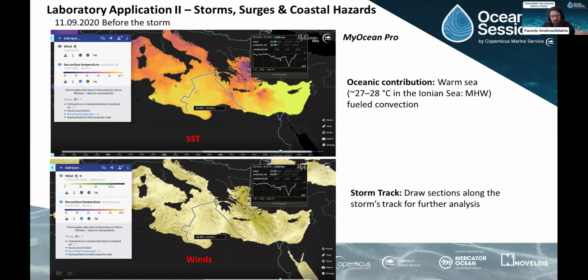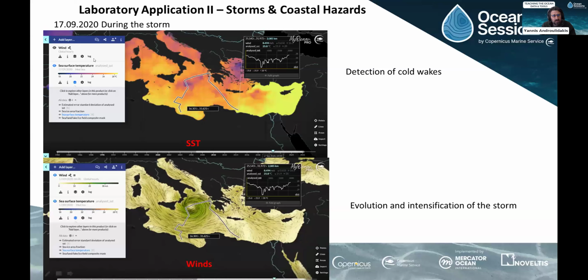And we discussed this type of interaction. And these are the winds, with the same tool from MyOcean Pro. And finally, during the storm, you can see the cyclonic wind conditions, and this is the detection of the response of the sea, the detection of cold wakes.